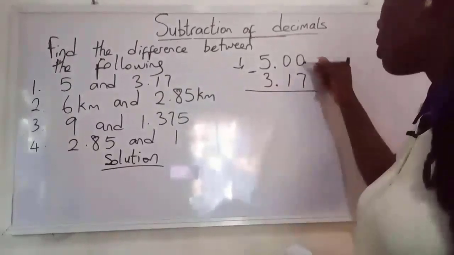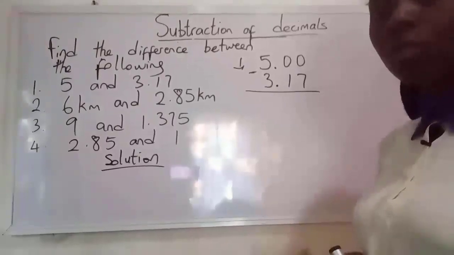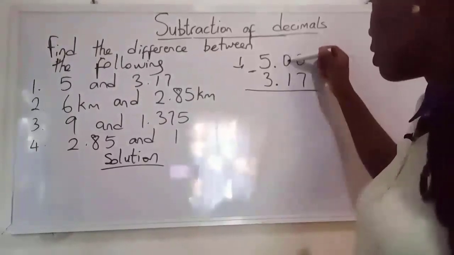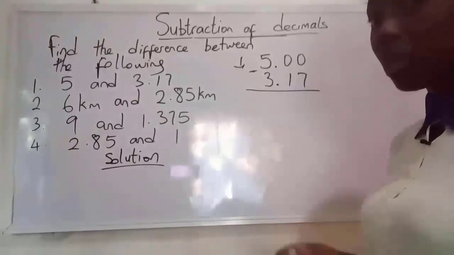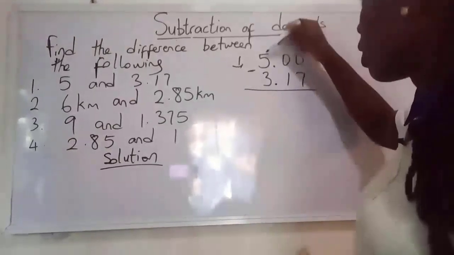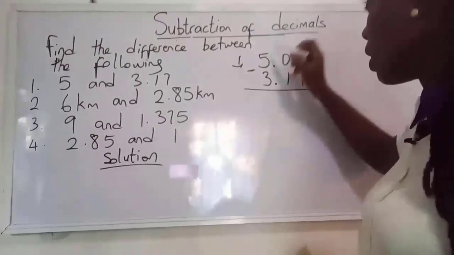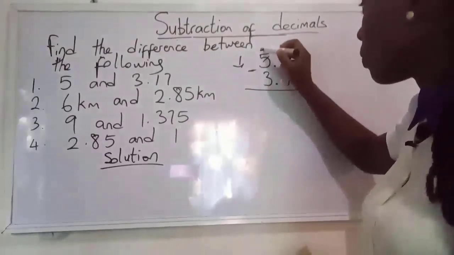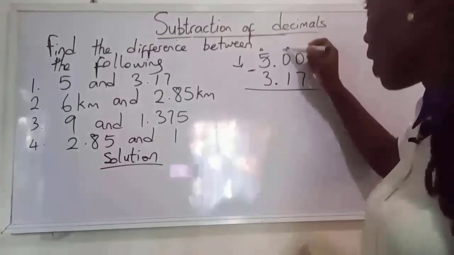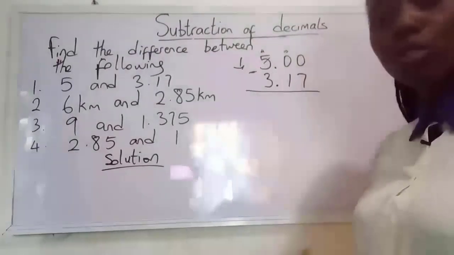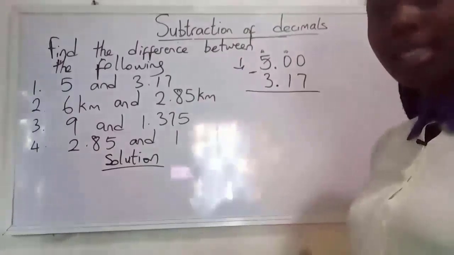Now, 0 cannot minus 7. What do we do? You check the number in front and try to borrow from it. This is also 0. There's nothing we can do from there. So we'll come this way and borrow from here. When we borrow from here, this place becomes 4. When we bring it here, here becomes 10. Remember I told you for every one you borrow, it becomes a 10.